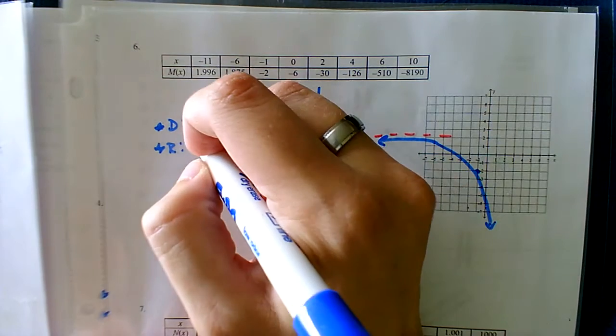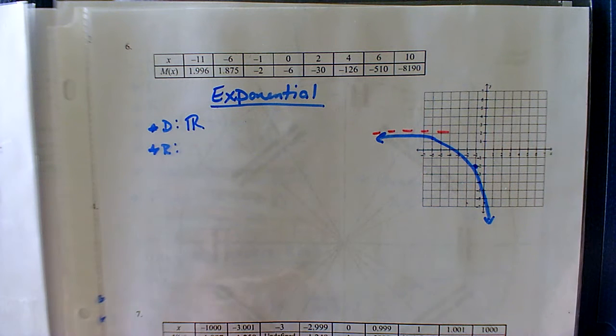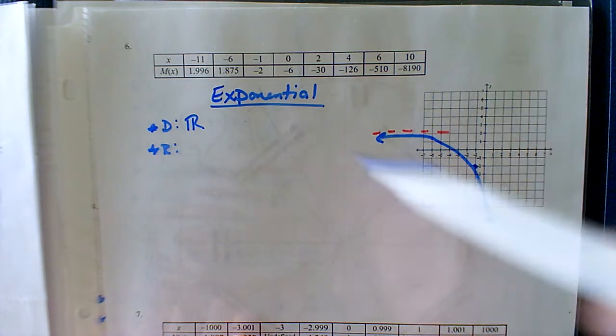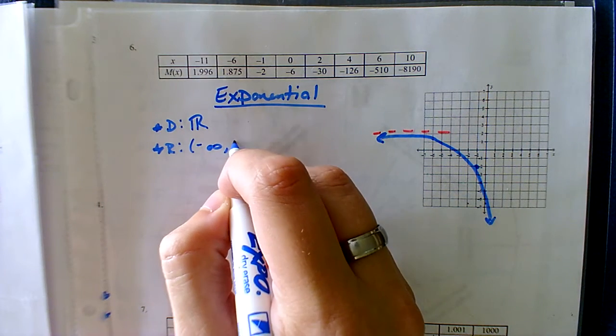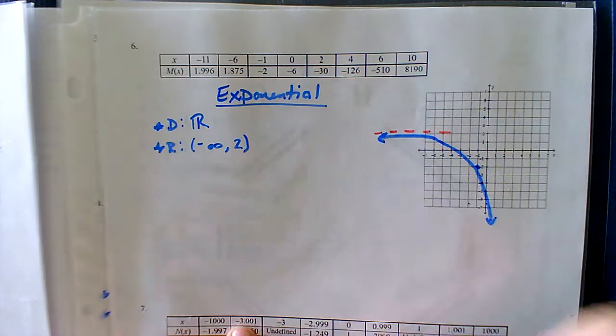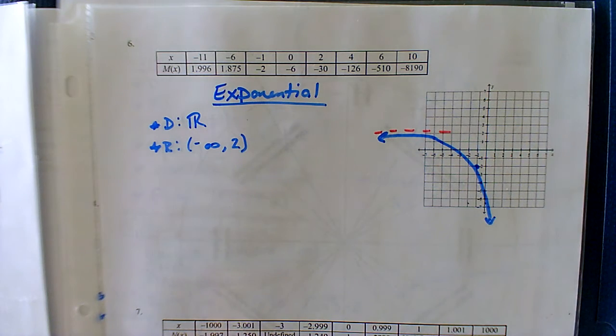It's all real numbers. Good. Okay. What about range? How far low, how far high? Good, Zane? Negative infinity to 2. To 2, yep. And parenthesis on 2 because we have that horizontal asymptote there.